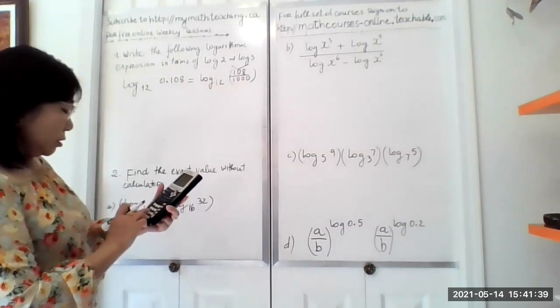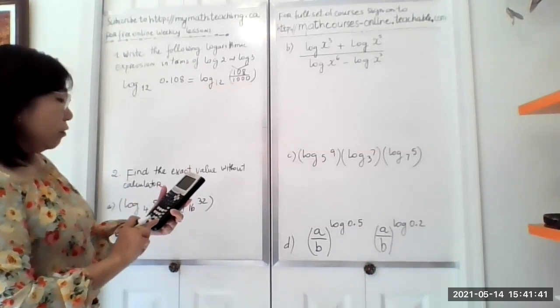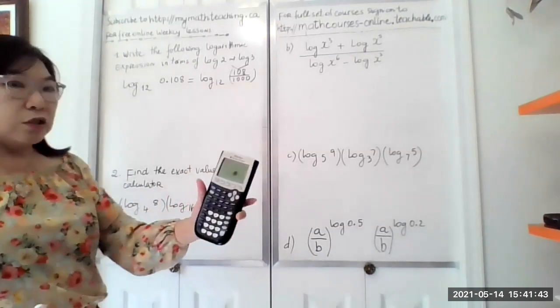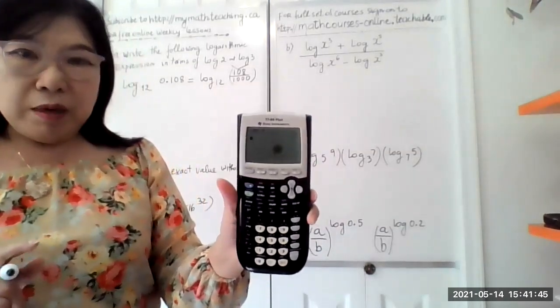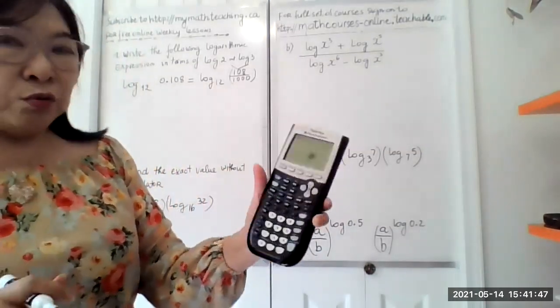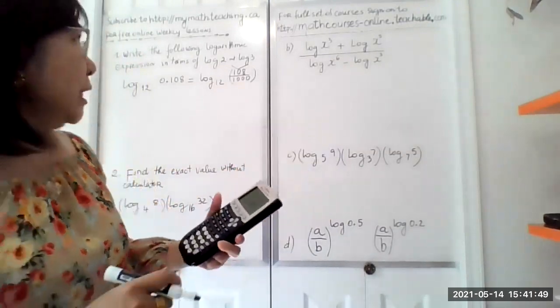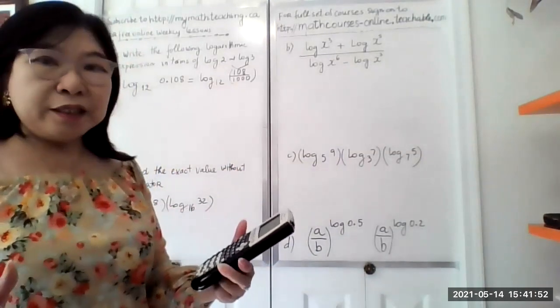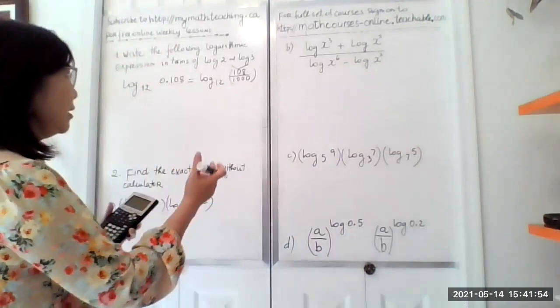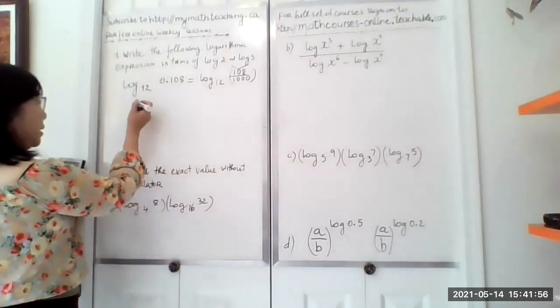Or we can use 108 divided by 4, see what we get. So if we use 108 divided by 4, we get 27. And 4, we can split into log 2. So I think this is the best way to split it.